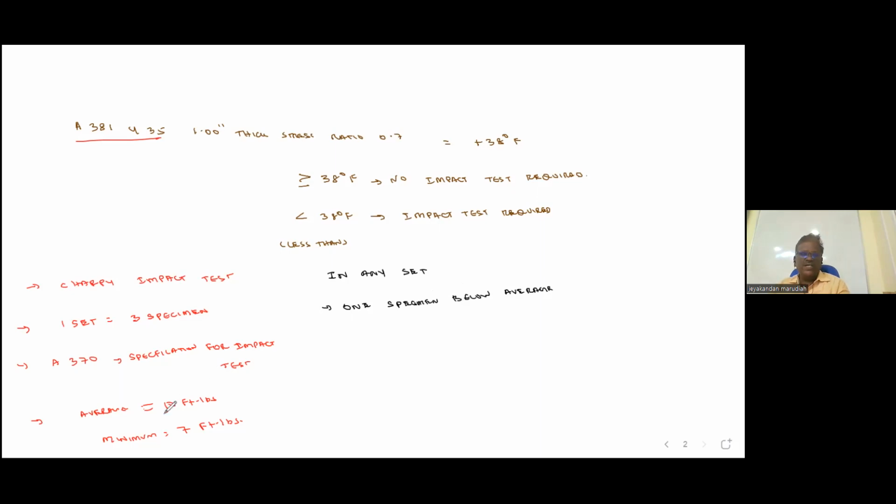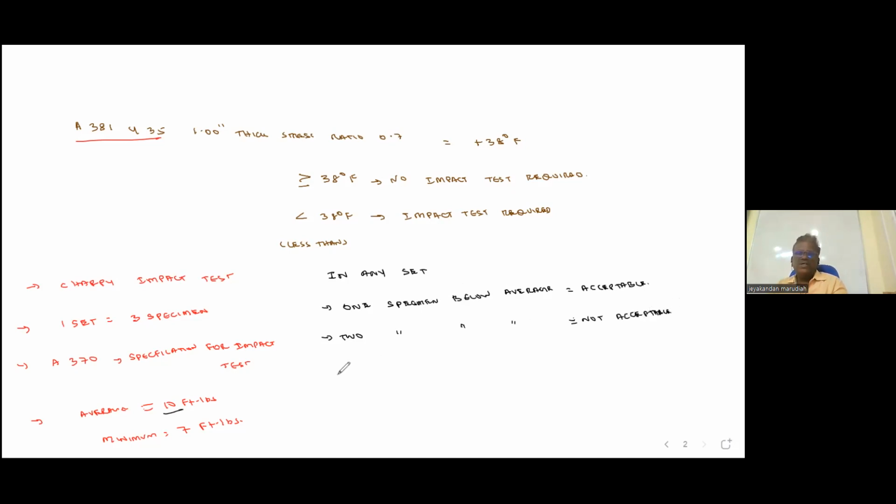The average that we record is 10. The set is acceptable. So one specimen can go below average, it is allowed. Suppose 2 specimen are below average, it is not allowed. So 2 specimen below average, not acceptable.